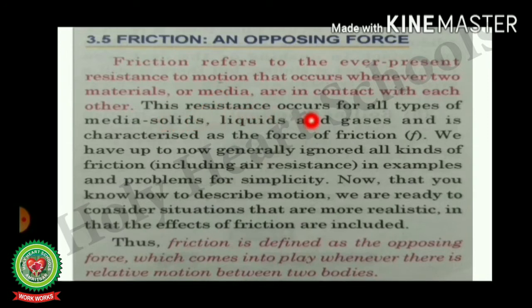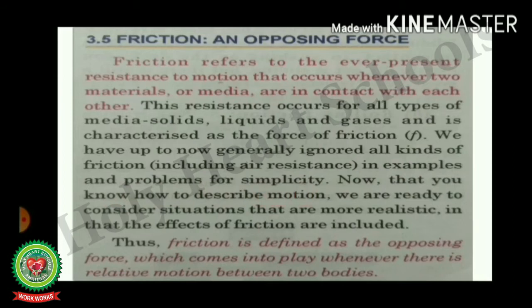This resistance occurs for all types of media. We know that there are three media: solids, liquids and gases, and it is characterized as the force of friction. And the symbol of force of friction is small f. We have up to now generally ignored all kinds of friction, including air resistance, in examples and problems for simplicity.